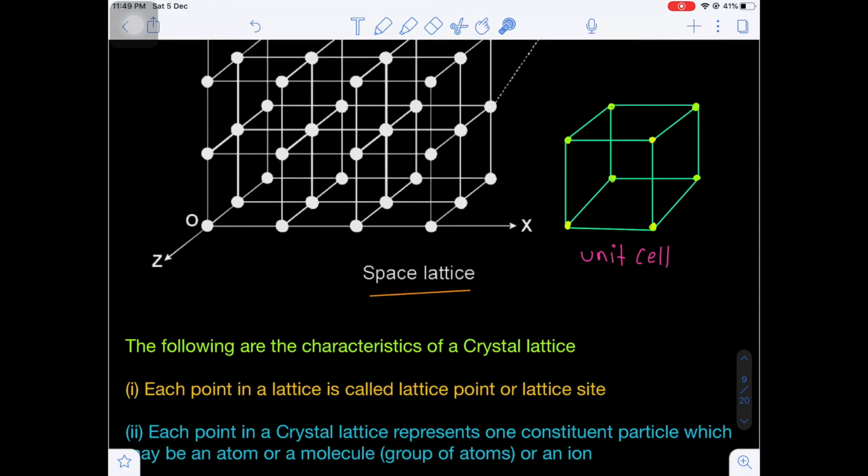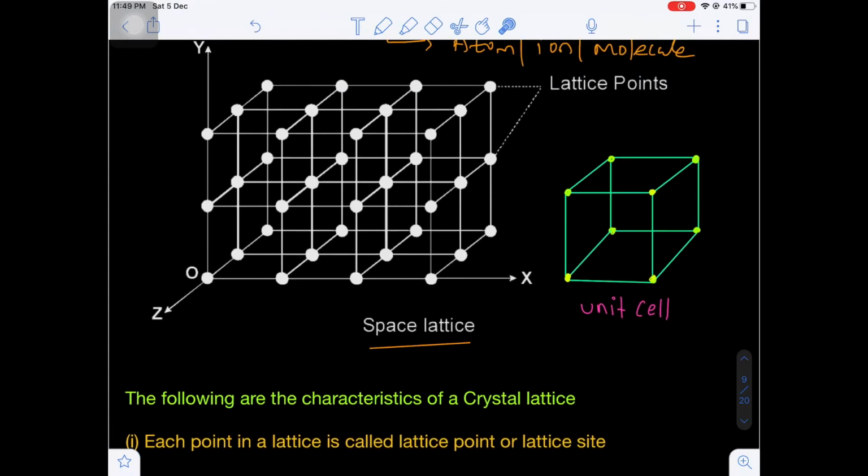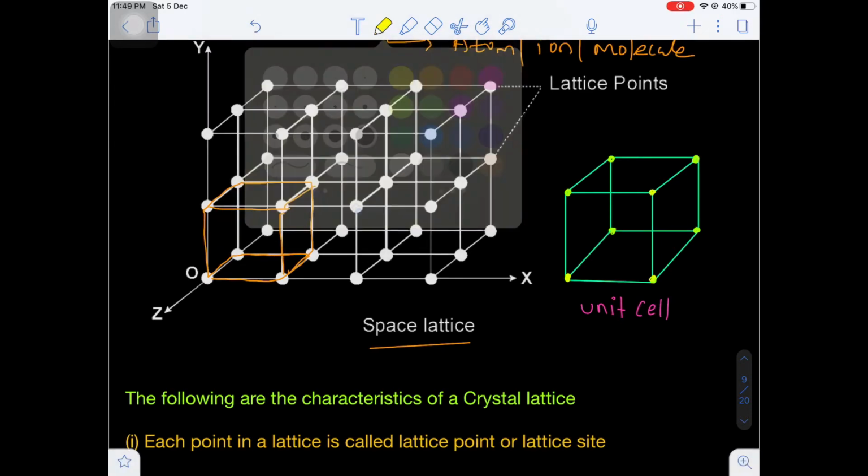Now, in the space lattice, the smallest portion which is repeated in three-dimensional space is referred to as a unit cell. Now, in the space lattice, let's suppose I am considering the small cube here. This is the small cube which is repeated in three-dimensional space to give the total structure of the lattice. Yes or no?